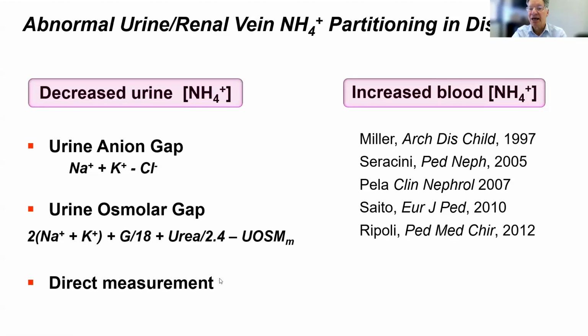It's when it was first created, because once you treat the patient, you affect the ammonia and the bicarbonate partitioning and production of both. But at time zero, if you happen to be there, you'll find a high blood bicarbonate and a low urine bicarbonate. It's the same thing that happens with Diamox. If you give someone Diamox, you raise the blood ammonia level and lower the urine ammonia level.